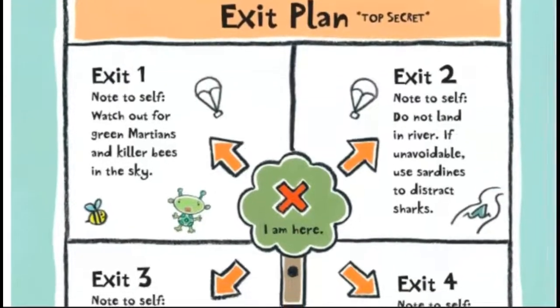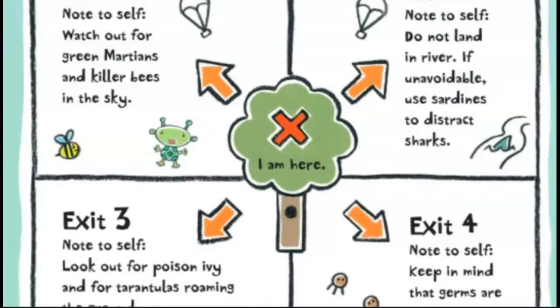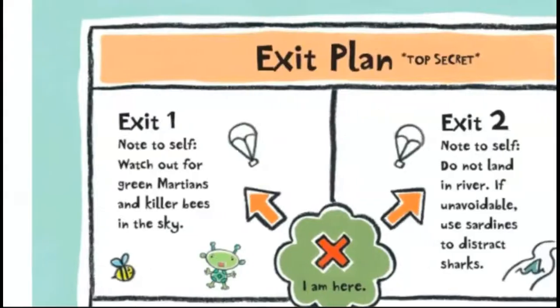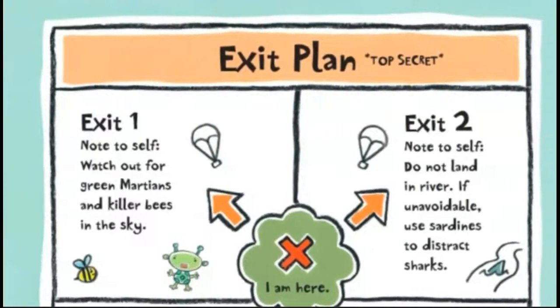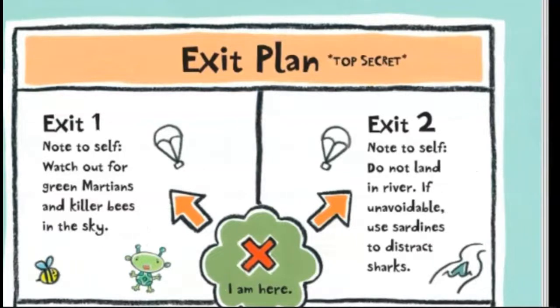Exit plan, top secret. I am here. Exit 1, note to self: watch out for green Martians and killer bees in the sky. Exit 2, note to self: do not land in river. If unavoidable, use sardines to distract sharks.